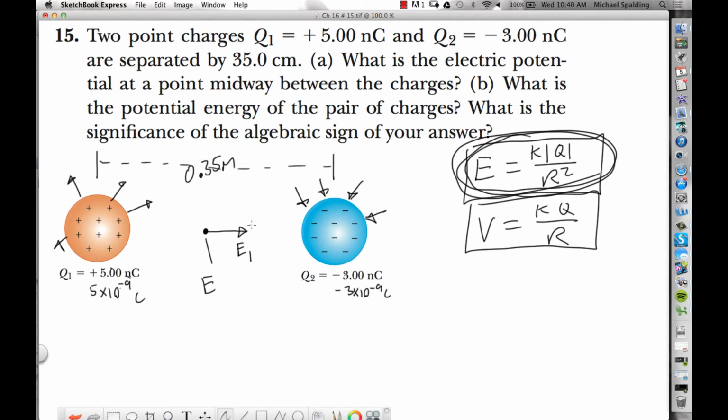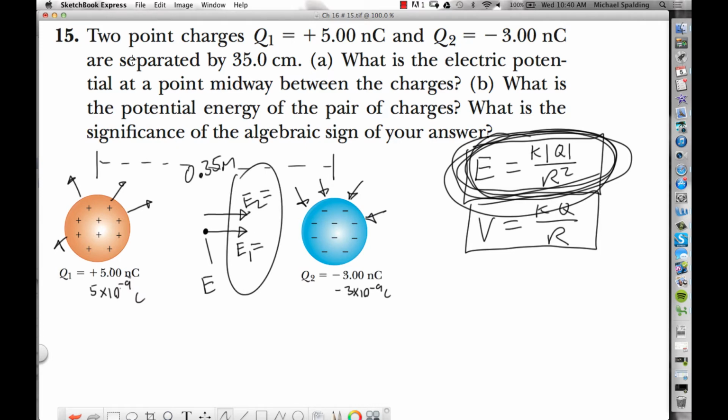So what's the electric field doing at this midpoint from the negative charge? Going in. So then what you would do is calculate the electric field for both of these. You'd find E1 and E2, and then what? Add them together or subtract them? Add them, because they both point to the right, right? That's how you would do electric field.